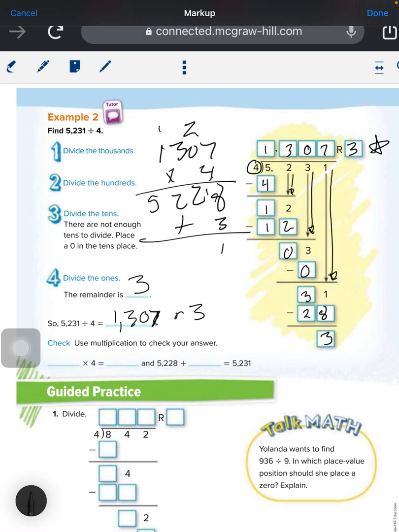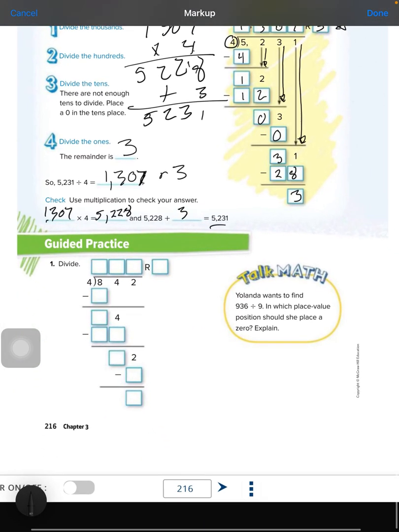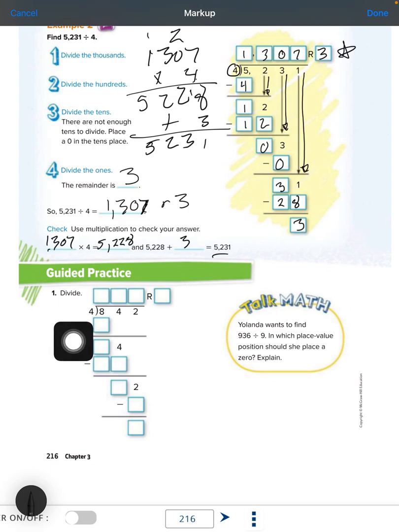Add that 3 into it. 5,231, and that's what we started with. Then you know you've got the correct answer. So we checked by doing 1,307 times 4, and it did equal 5,228, and plus the 3 would equal our beginning number.